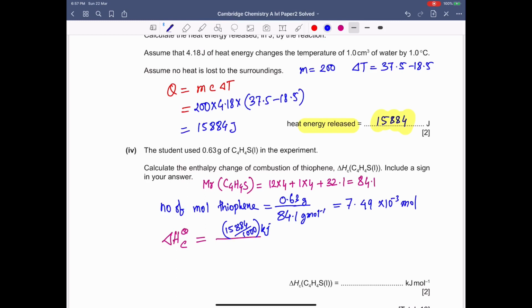Since this is an exothermic reaction, we will be releasing this energy, so we'll denote it by a negative and then divide it by the number of moles, which we have already calculated, 7.49 into 10 to the power of minus 3. That gives minus 2120 kilojoule per mole.